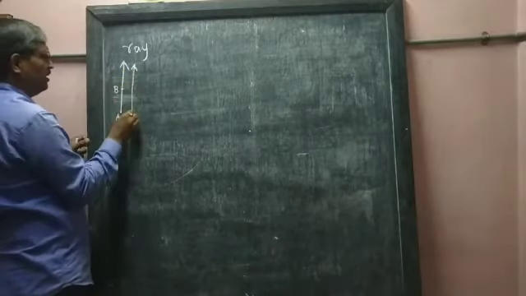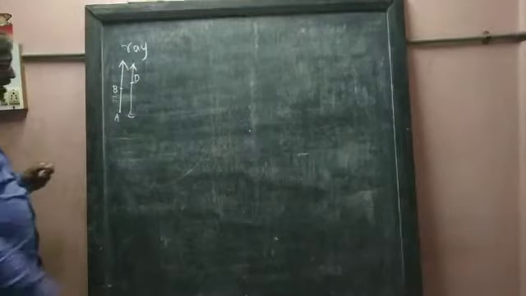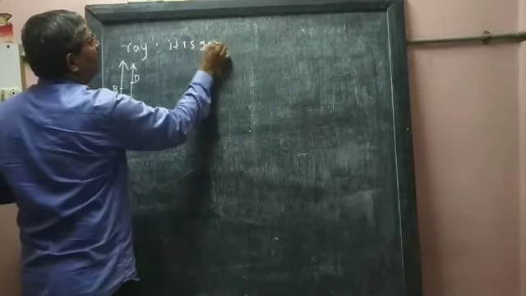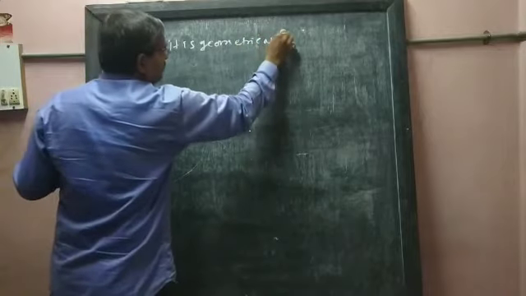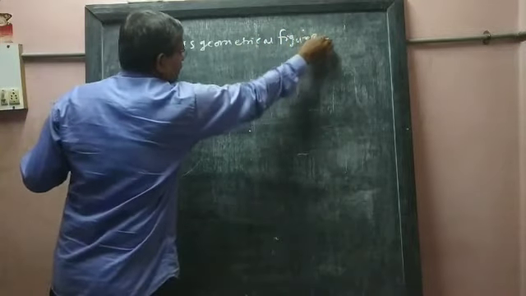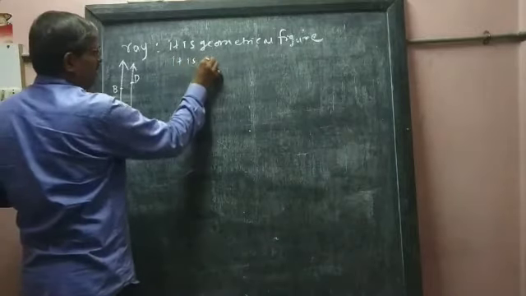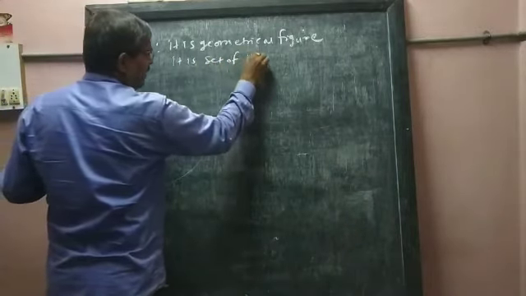A, B, C, D, these are the rays. Then here, a ray is a geometrical figure. It is a set of infinite points.